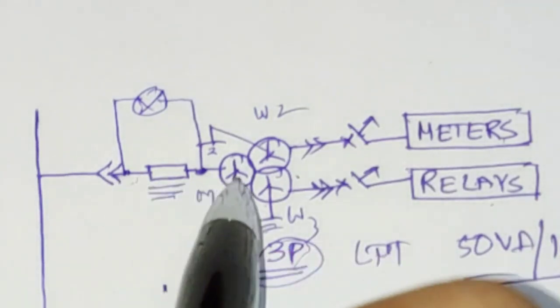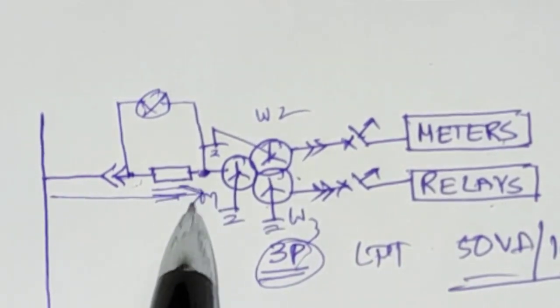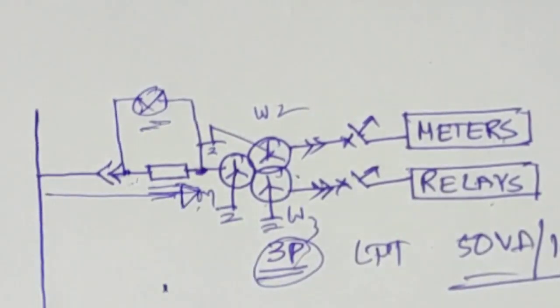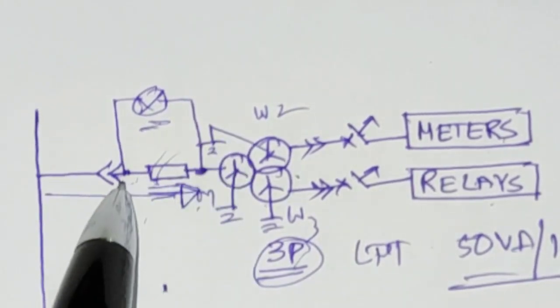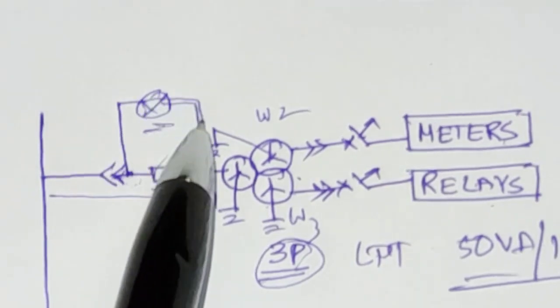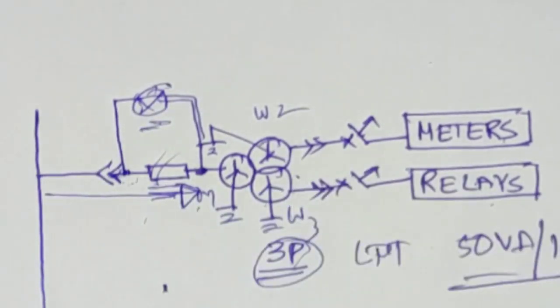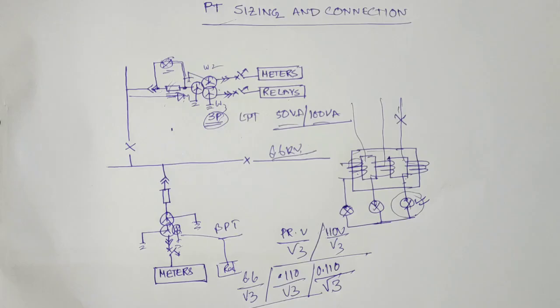If the PT fuse is healthy, then the current will flow through the fuse, so this relay will remain de-energized. If the PT fuse has blown, then the current will flow through this relay coil and the relay will energize and trigger an alarm, so that the PT fuse failure can be identified. So this is how PTs are connected and PT ratings are selected.